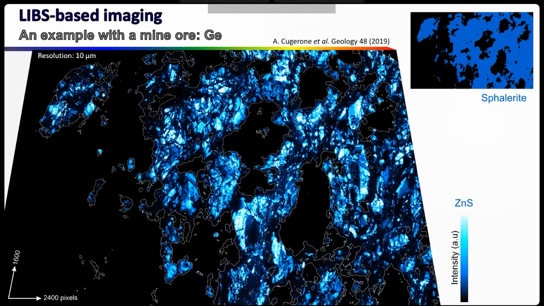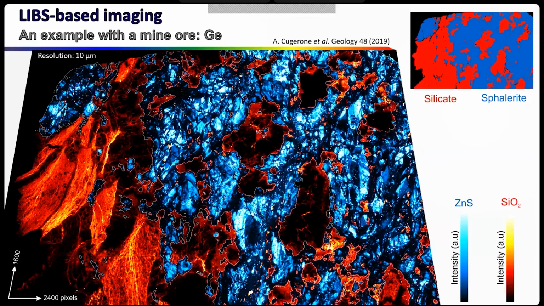So the true strategy is to do some image processing. We only take the sphalerite phase and process the germanium. That's this image in blue. And then we do the same for the germanium in silicate, which I display in red. Two phases, two different signals.